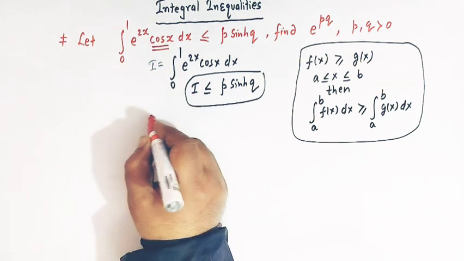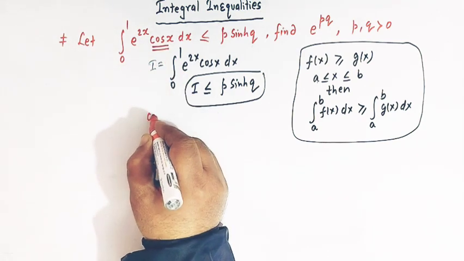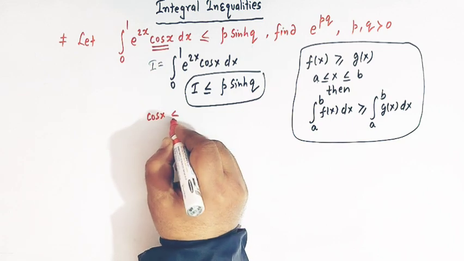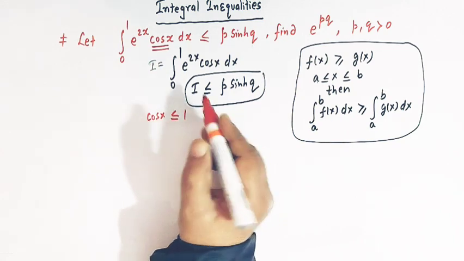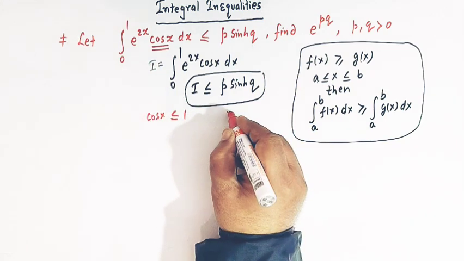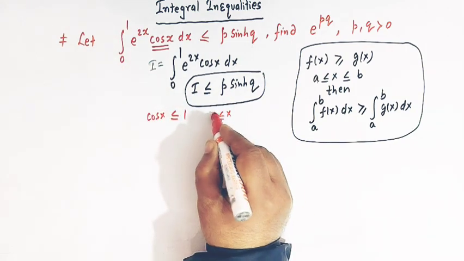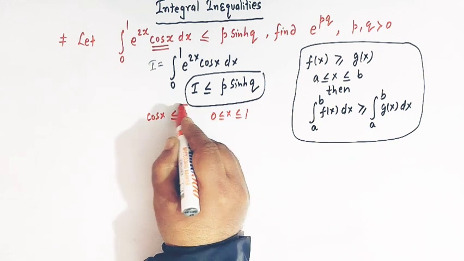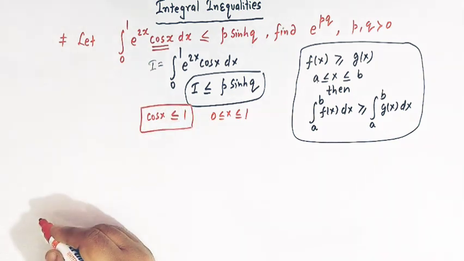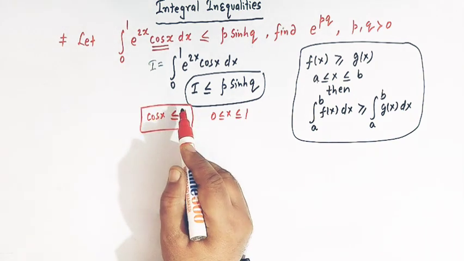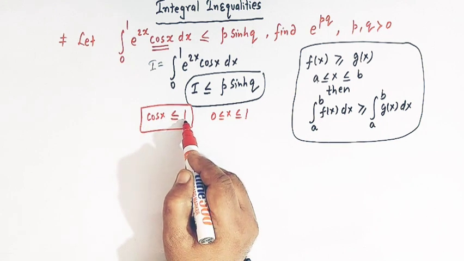Now let us start with the function cos of x. We know that in trigonometry, cos of x is less than or equal to 1 whenever x belongs to the interval 0 to 1. So we'll start with this inequality, cosine of x is less than or equal to 1.